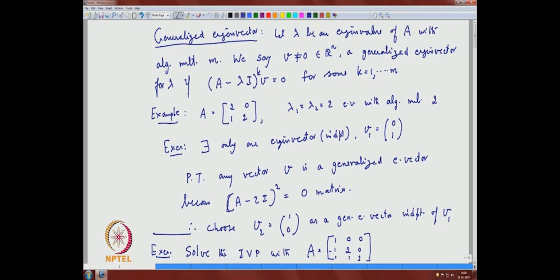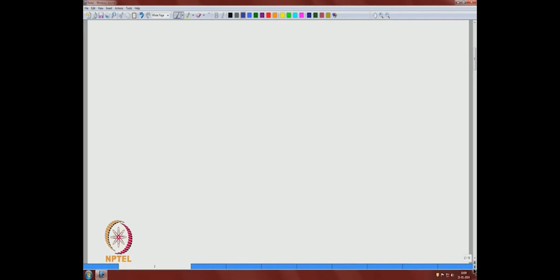In fact, we are going to write this in the form S plus N. We are going to say what is S and what is N. So, you have to complete the problem. Of course, this exercise is valid after the description. I will recall this problem again as an exercise later.